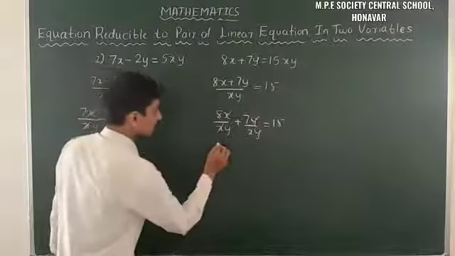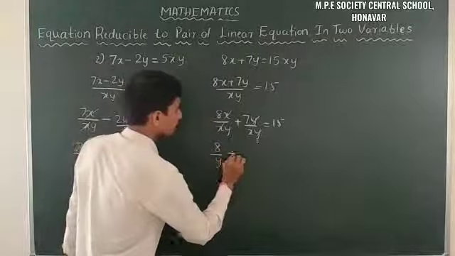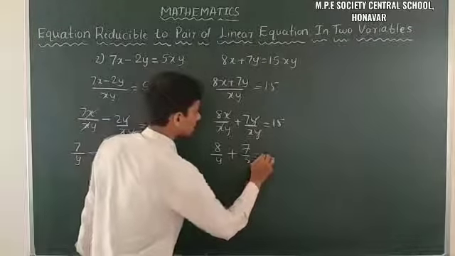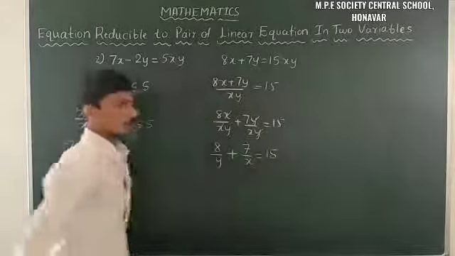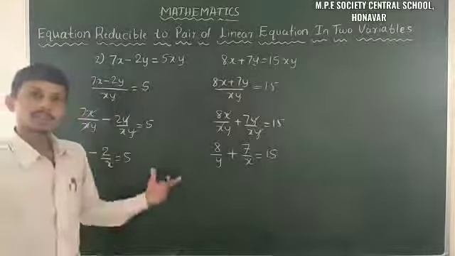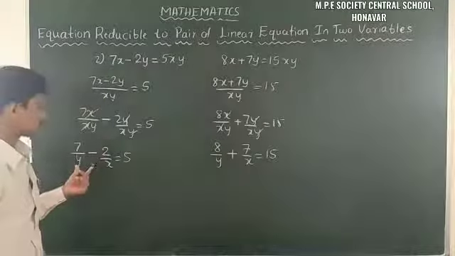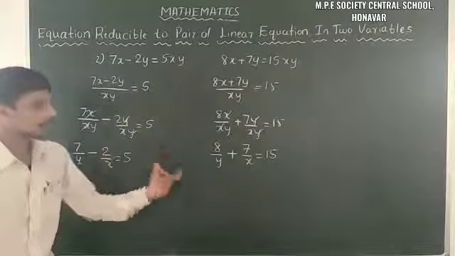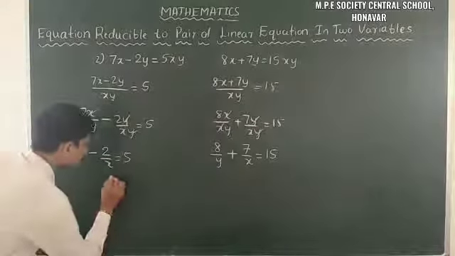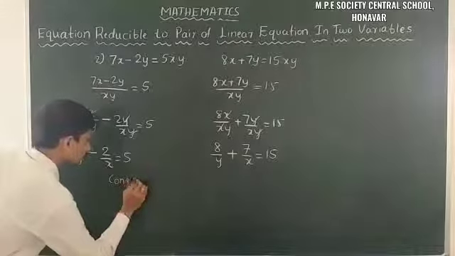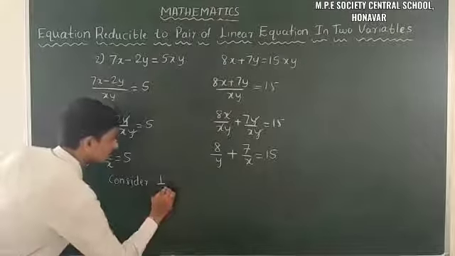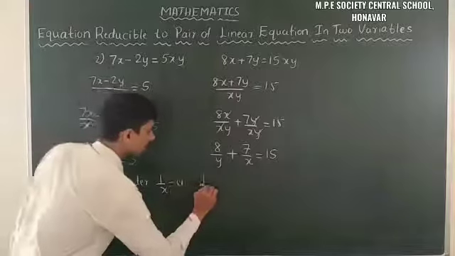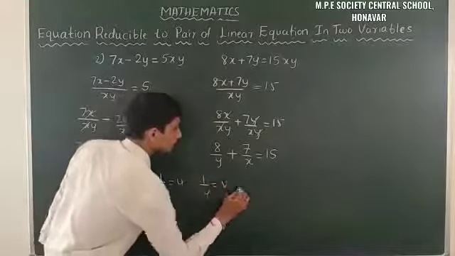That is 8 by y plus 7 by x is equal to 15. Then consider 1 by x is equal to u and 1 by y is equal to v.